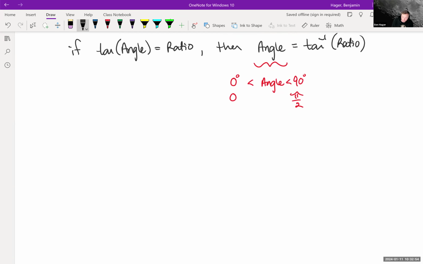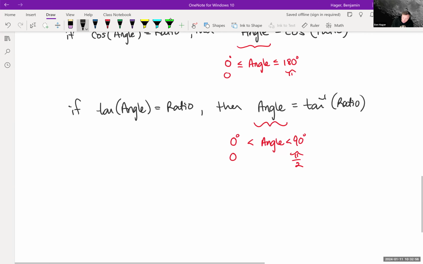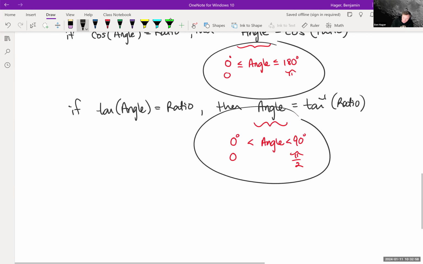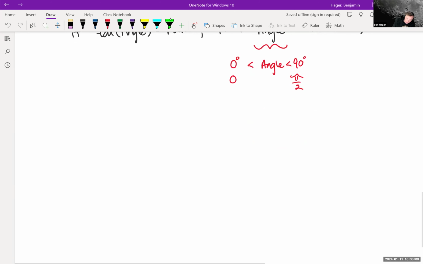So here's what I do to help me remember this, because I think these are kind of hard to remember. I've made this my habit. If I'm doing a problem and I encounter sine inverse, as soon as I see that, I draw this picture.